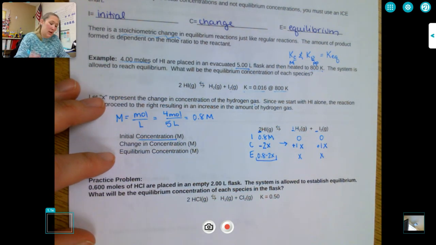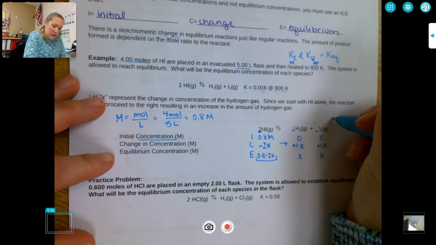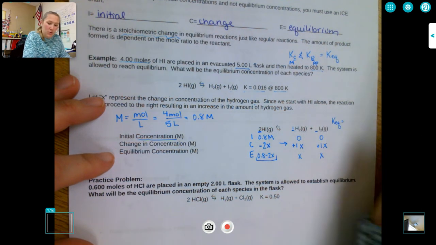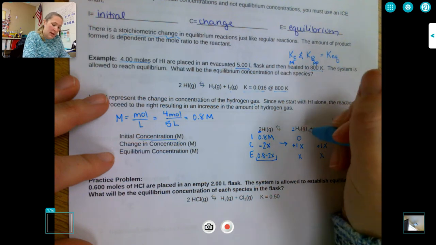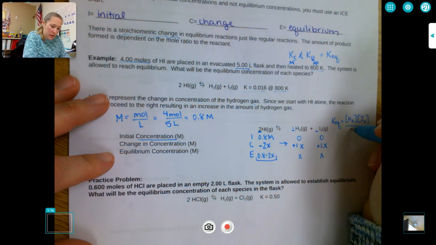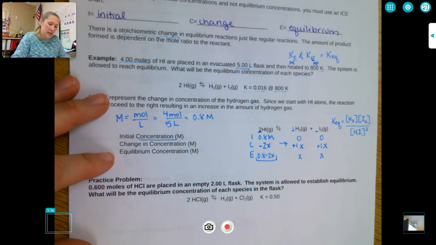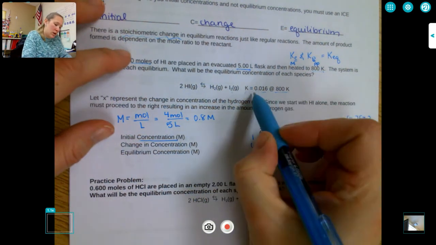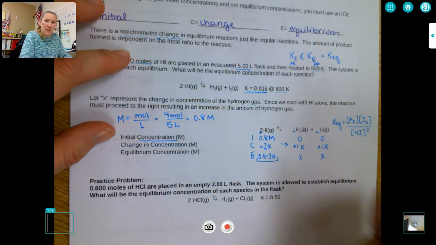Now, the cool thing is that we know an equilibrium expression. We know the equilibrium expression for this reaction is products over reactants raised to their coefficients. So that is the concentration of H2 times I2 over HI squared, again because of that 2. And we know the K is given to us here.